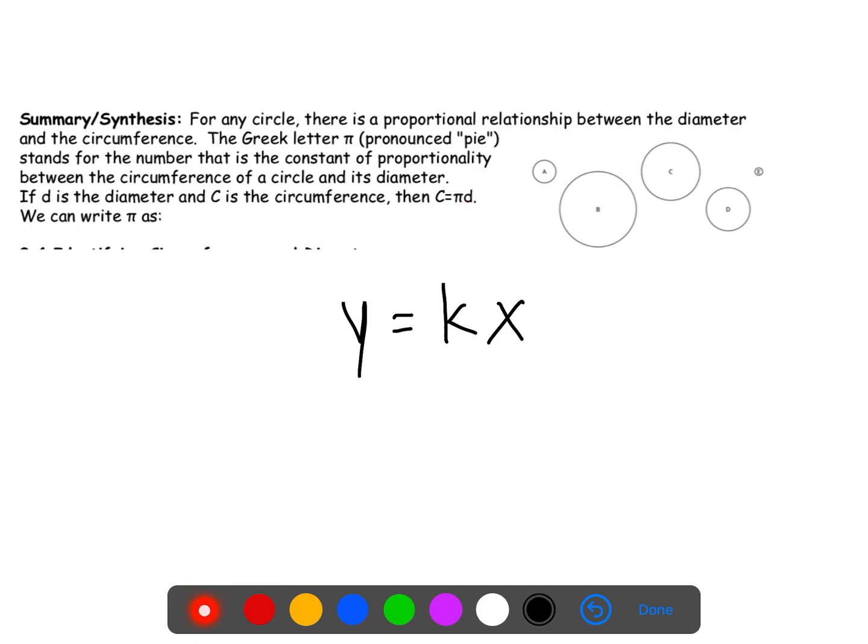So we can take c equals pi times diameter. Now remember, pi is a number. It's our k value, our constant of proportionality between diameter and circumference of a circle. So this mirrors that equation that we've been trying to create for proportional relationships. And this hopefully shows you how pi is that constant of proportionality that we'll be using here.